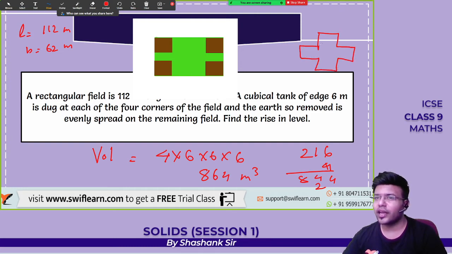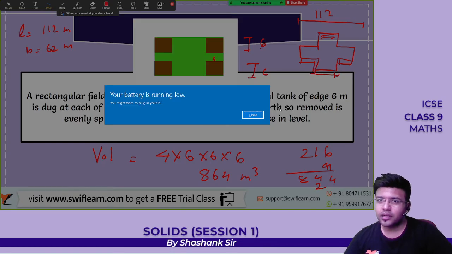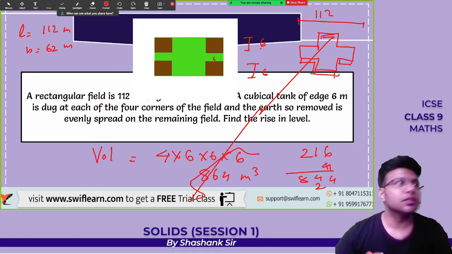So area of the base into height. It will be a plus symbol like this if you are assuming. So area of the base into height. What is the area of this cross field? The length is 112, and this is 6 meter, this is also 6 meter, 6 meter.